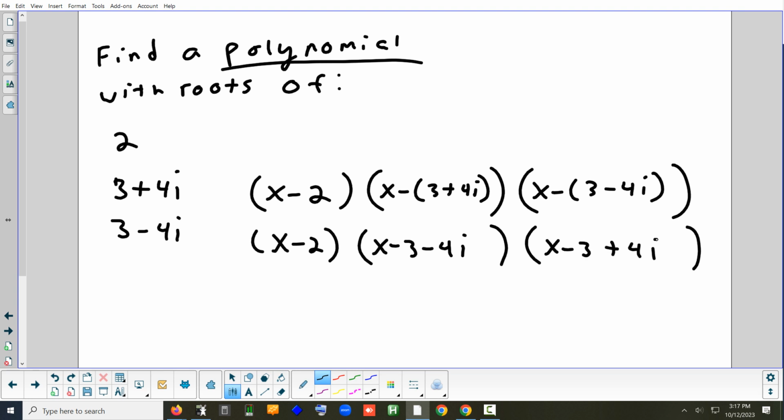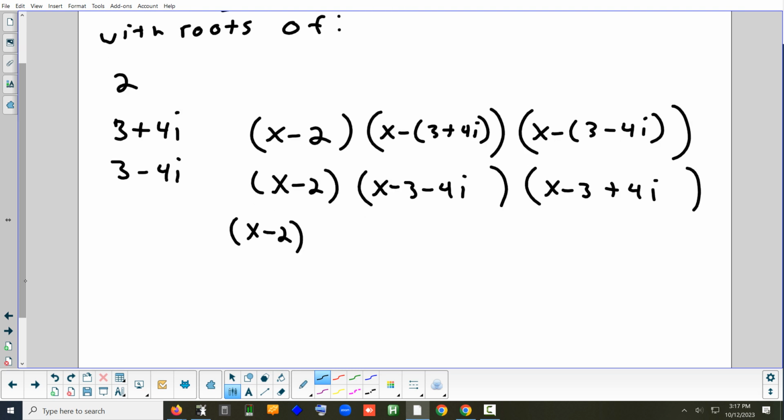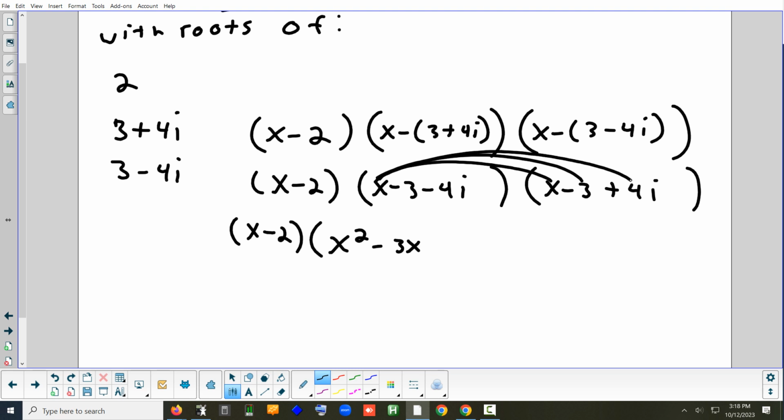All right. Now, we're going to FOIL, not really FOIL, but we're going to distribute everything in the first parenthesis to everything in the second. All right. What's the first thing you would multiply? X times x. Let's do x times x, and that's going to give me x squared. What about x times negative 3? Negative 3x. And x times 4i. 4ix.